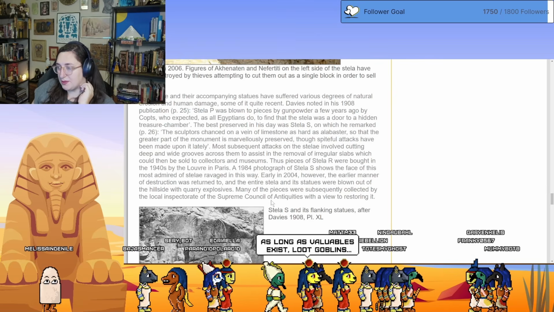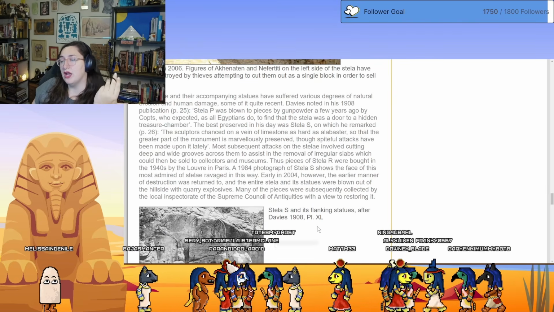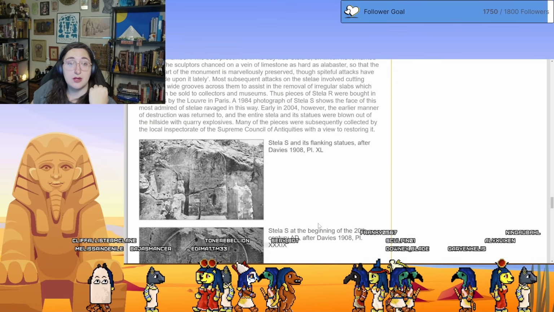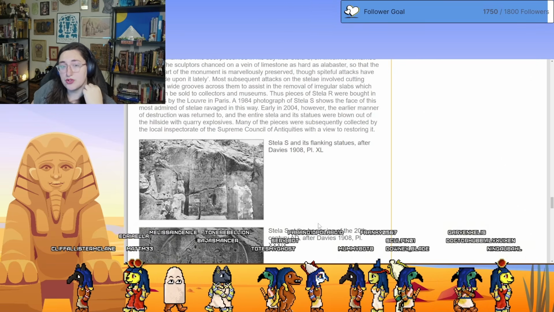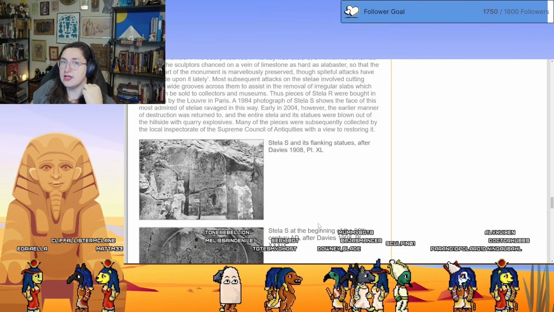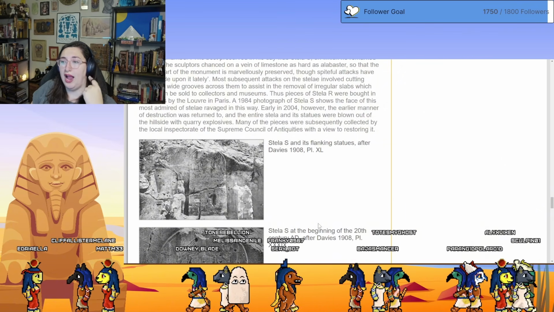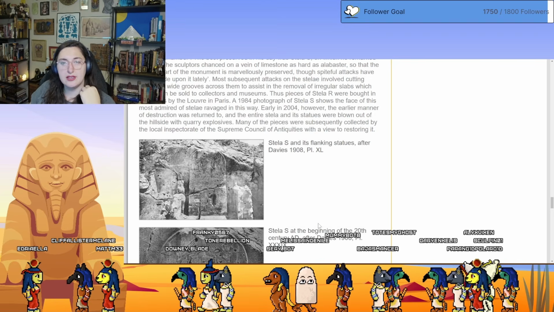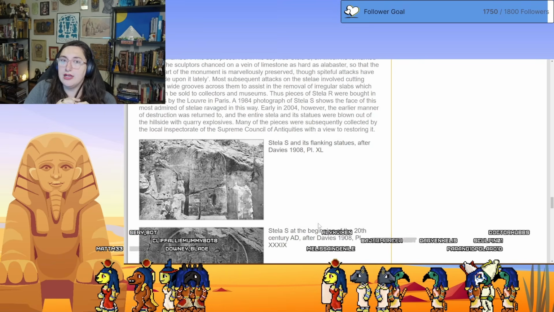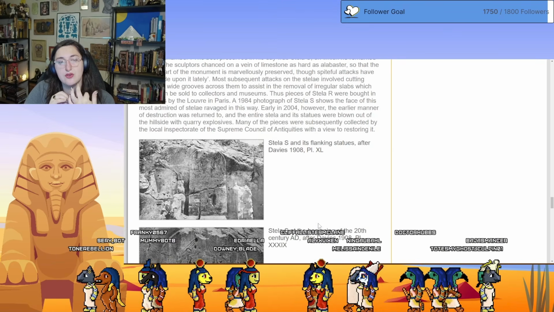But it says, many of the pieces were subsequently collected by the local inspectorate of the Supreme Council of Antiquities with the view of restoring it. And I will say, this place, again, is in the middle of nowhere. There is no major tourism to this site. These are just regular old Egyptians who don't have the access and in some cases, the understanding of having a lot of history around them and a lot of tourists coming to see the history.